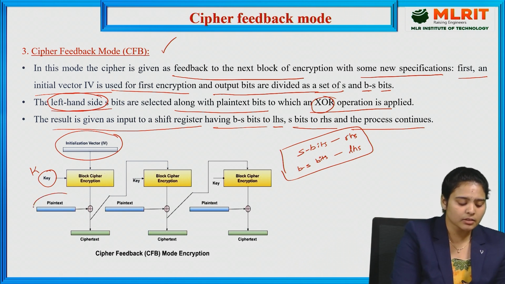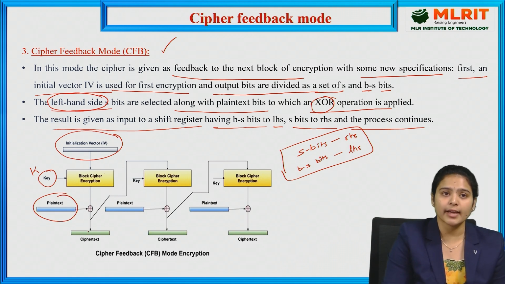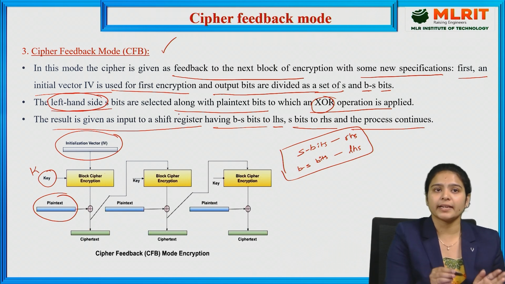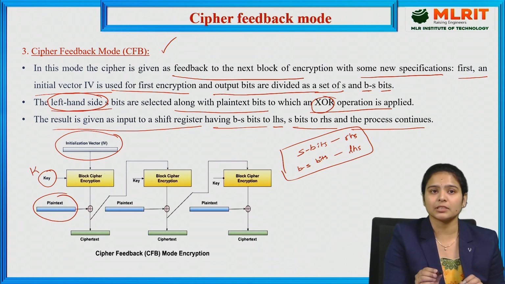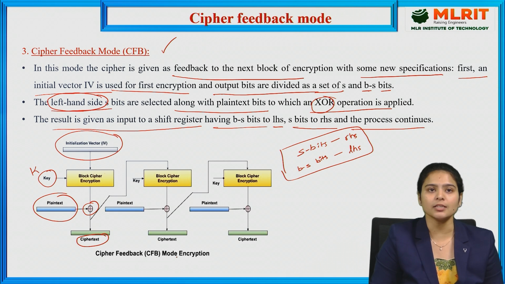We use the plaintext, which is divided again and the XOR operation is applied. Wherever we select the left side of the plaintext, we apply the XOR operation, and we get the output of the ciphertext.